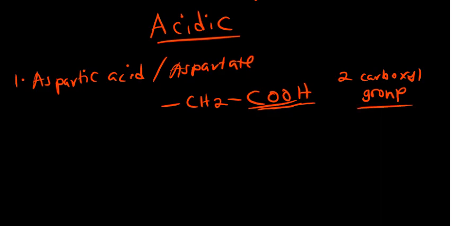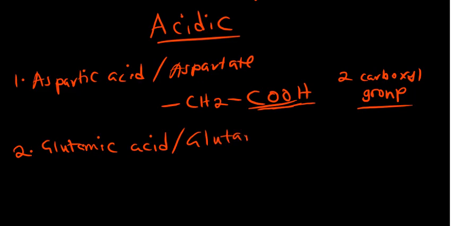So the other acidic amino acid, we have glutamic acid, or glutamate. So here it becomes glutamate when it is negatively charged, but when it is neutral, it's called glutamic acid. Just like aspartic acid when it is neutral.